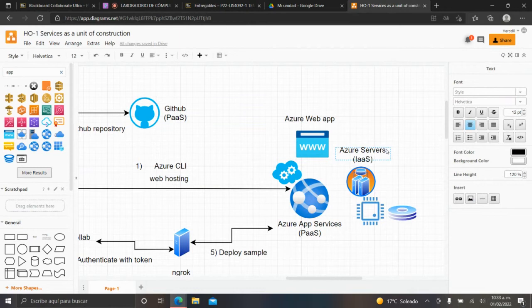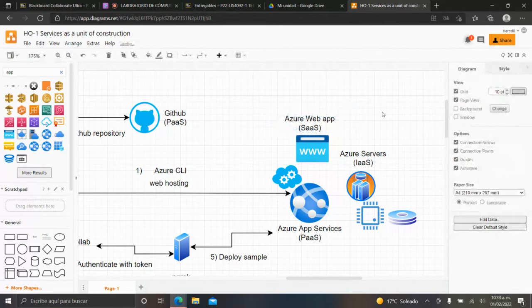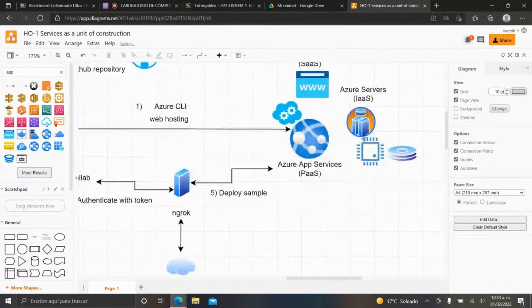And for example, within the server and also within the storage, we have the application that we programmed in Google. We deploy it on Azure.